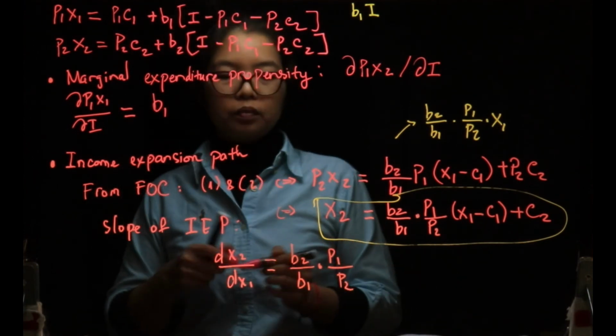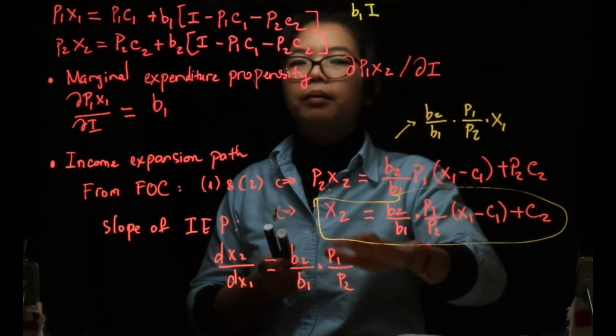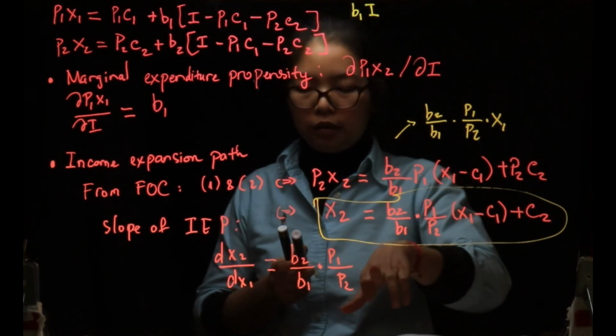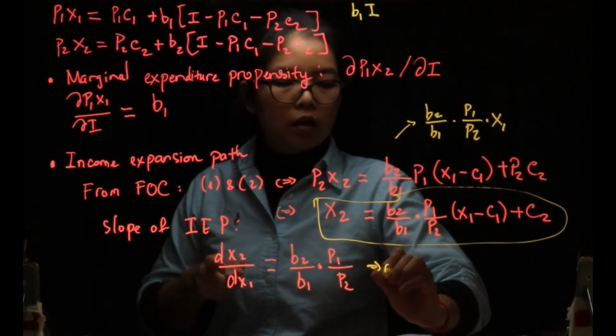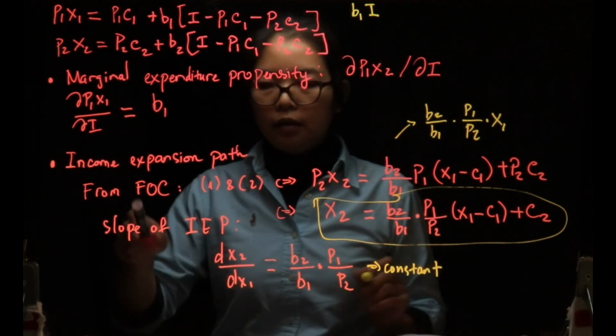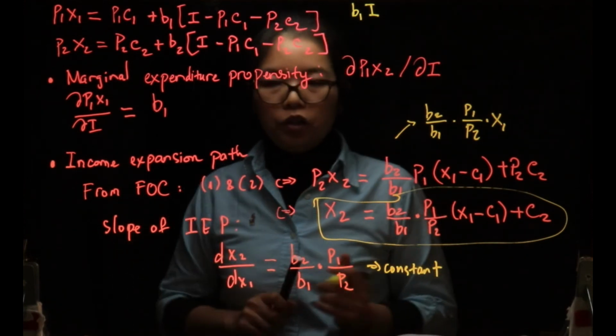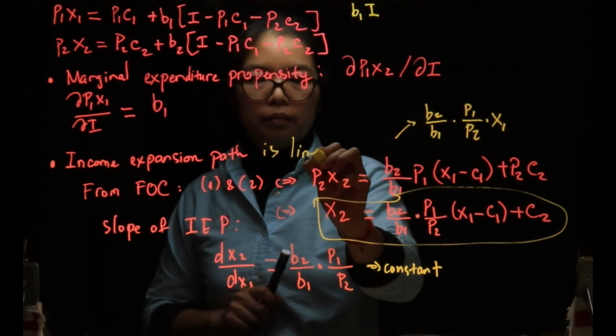That's it. So again, the slope is constant here when all the parameters stay constant. That's the first thing. That means the income expansion path is linear.